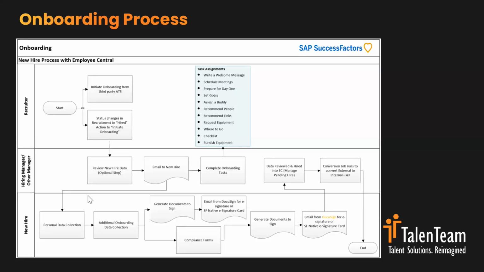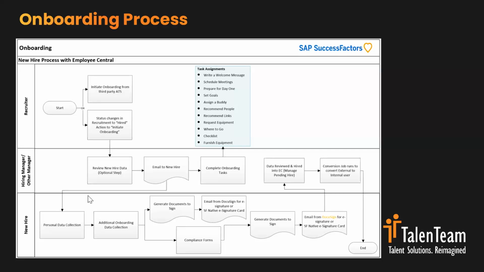In the onboarding module, the first step is review new hire data. This step can be assigned to the onboarding team or to the hiring manager. Being a customer or organization, they can decide who has to review the data that is transferred from recruitment.